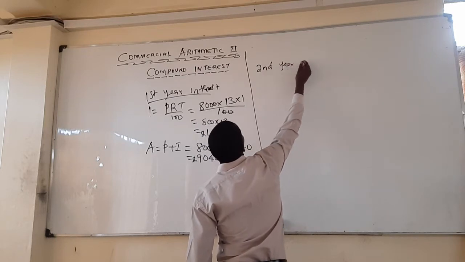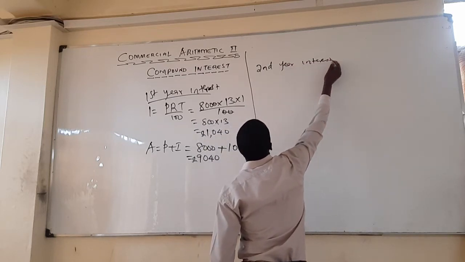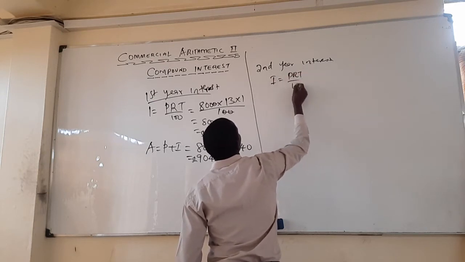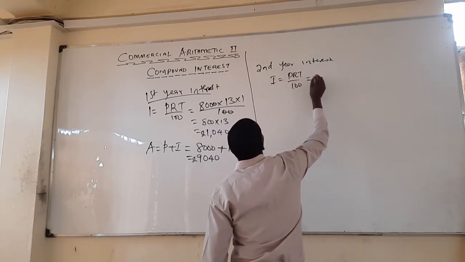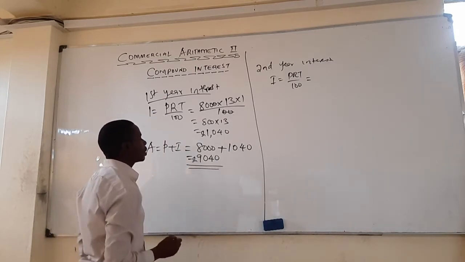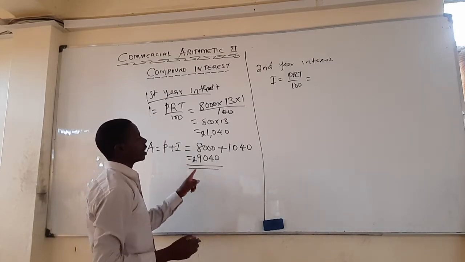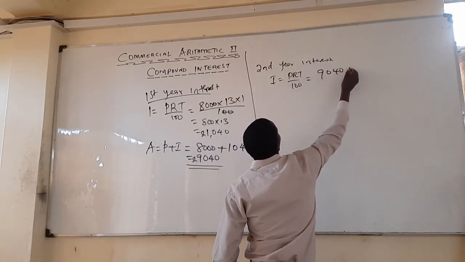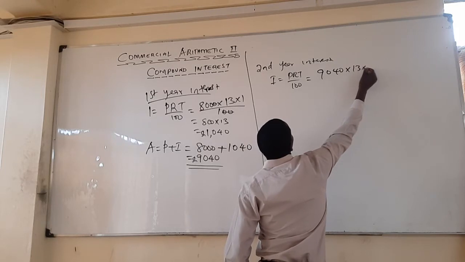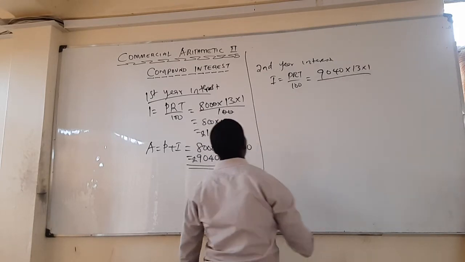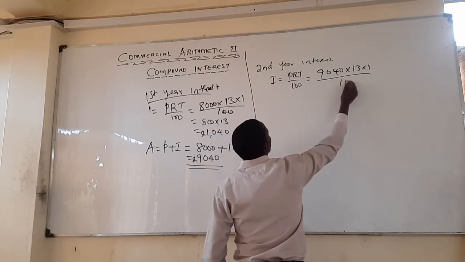So the second year interest will be P times R times T over 100, with the principal. Now we are going to use the amount that we have accumulated at the first year, so you are going to have 9,040 times the rate, 13, times 1. This is the second year, so the time is 1, and then over 100 there.